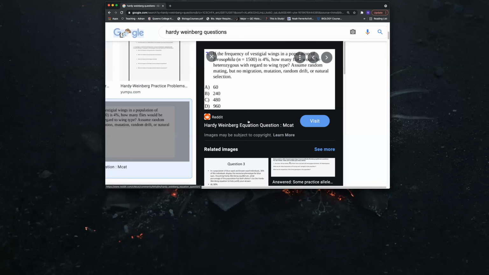And then we just multiply those and then multiply by 2 for the 2PQ part. What do you got? 0.0768. So now you just multiply it by the total number in the population because it's a percentage, so multiply it by 1,500. 115.2.